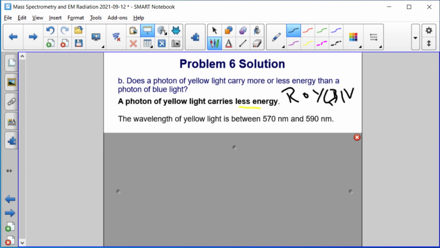Below red, you have infrared. I'm thinking ahead to the next one. That's what infra means. It means below. So below red, and above violet, you have ultraviolet.